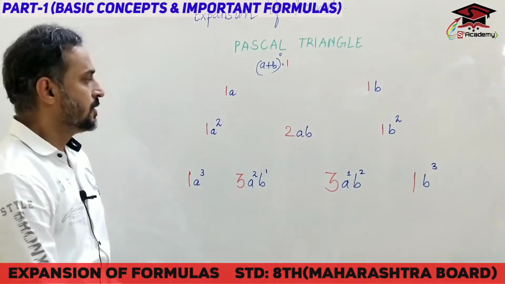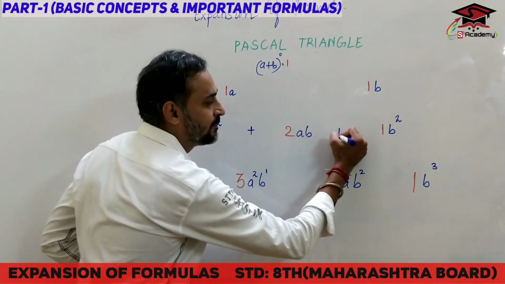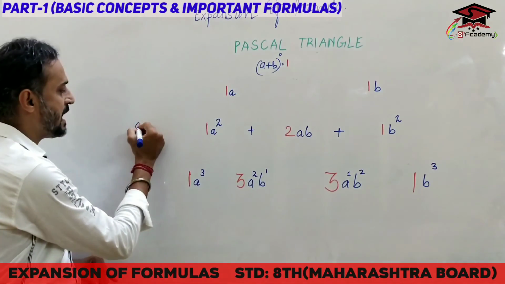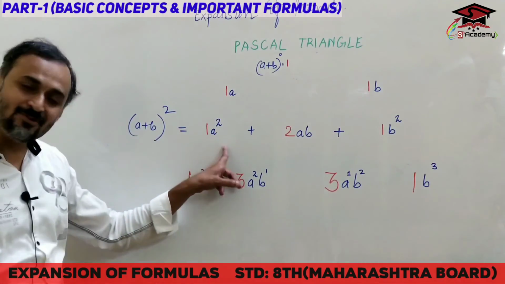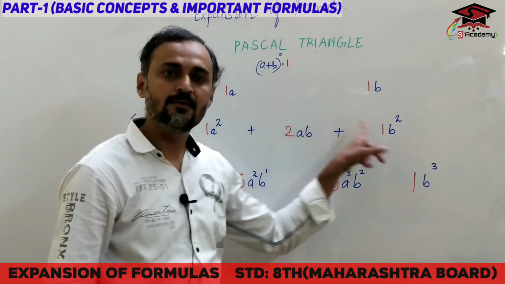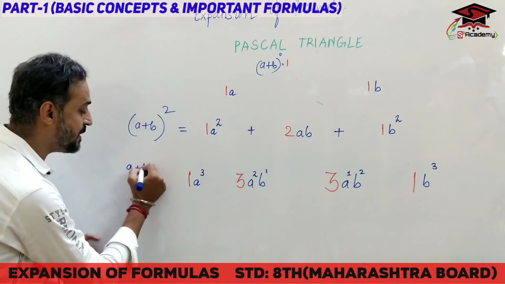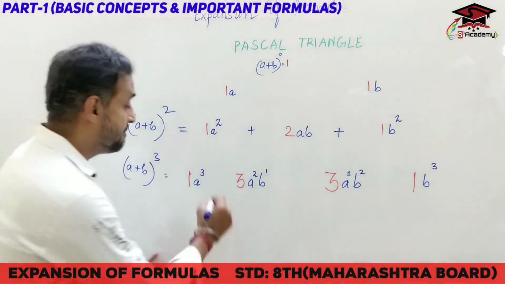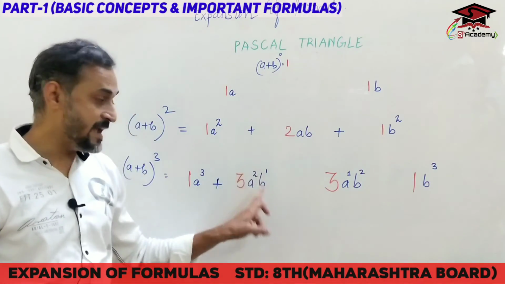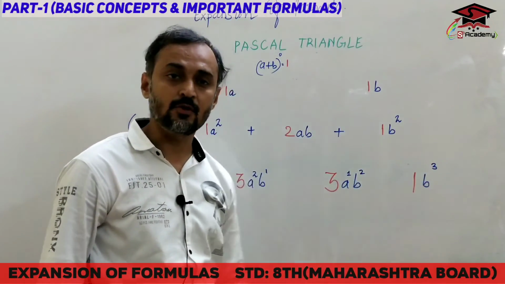Yes students, what if I put a plus sign over here? What is my formula for a plus b the whole square? a square plus 2ab plus b square. Same way, same method, if I say a plus b the whole cube, what was my formula? a cube plus 3a square b plus 3ab square plus b cube.